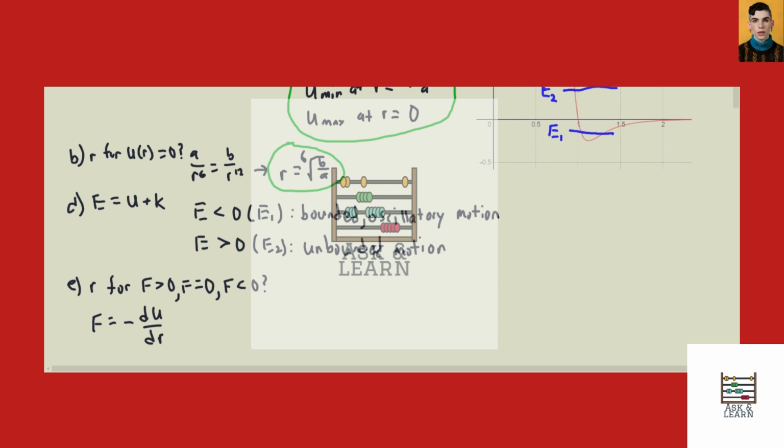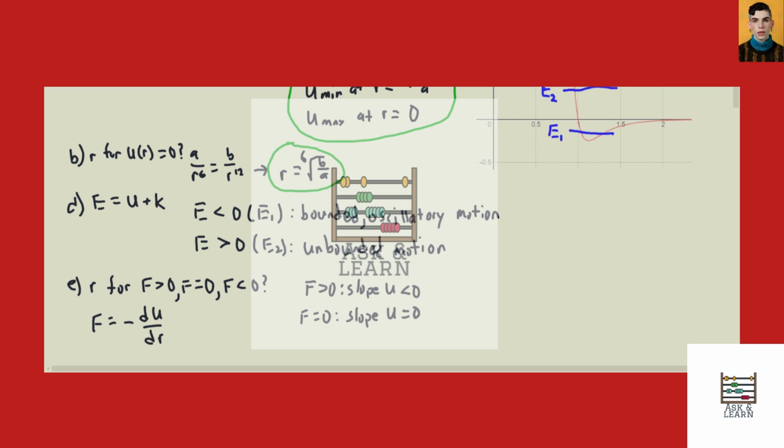So we see anywhere to the left of this minimum, our slope of u is negative. So that means F will be greater than 0, right? So F greater than 0 means that our slope of u is less than 0. For F equal to 0, we want that slope of u to be equal to 0.